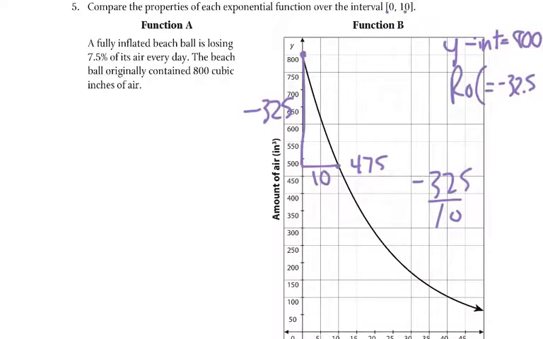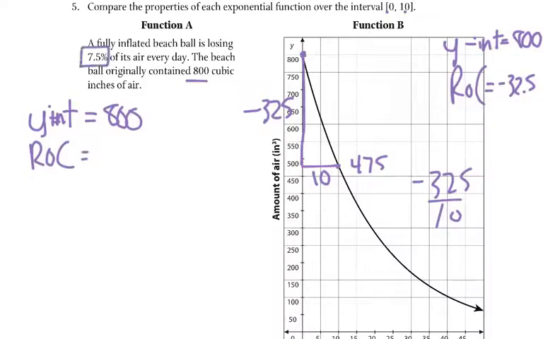Okay. Now function A says a fully inflated beach ball is losing 7.5% of its air every day. The beach ball originally contained 800 cubic inches of air. So our y-intercept is 800. So they have the same y-intercept, don't they? Okay, and they're doing the same process, so let's see what about the rate of change. Now this one says that we're losing 7.5%, so we need to make a table from 0, 800, down to 10.